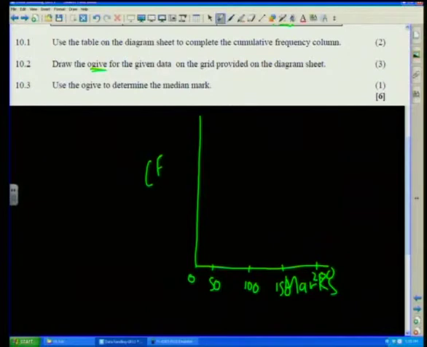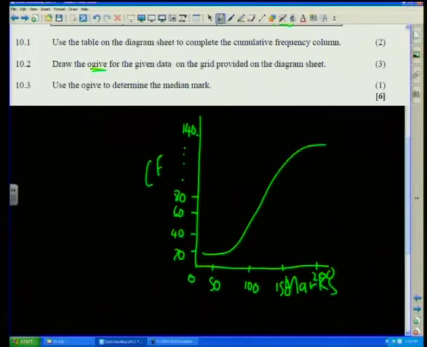And then on the y-axis, it's going to go from 0, then 20, 40, 60, 80, and all the way up to 140. When you plot this ogive, your curve should look something like this, hopefully a lot neater.